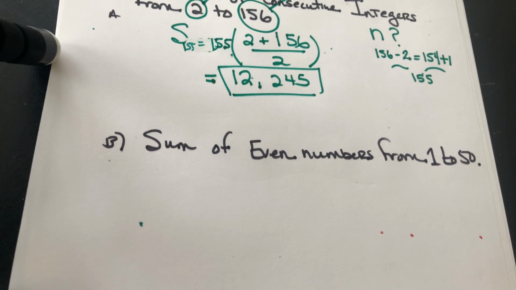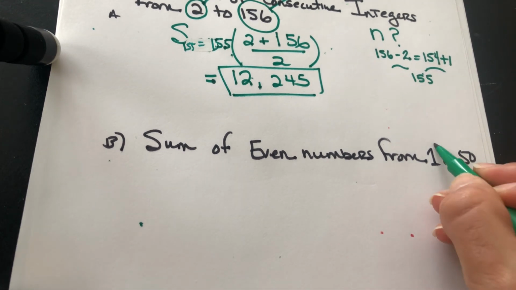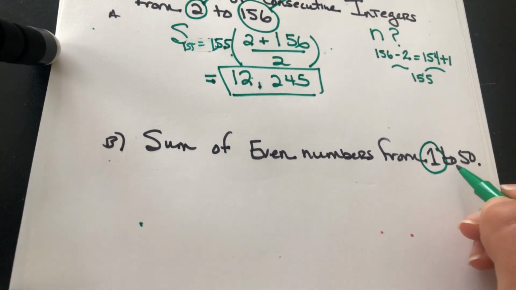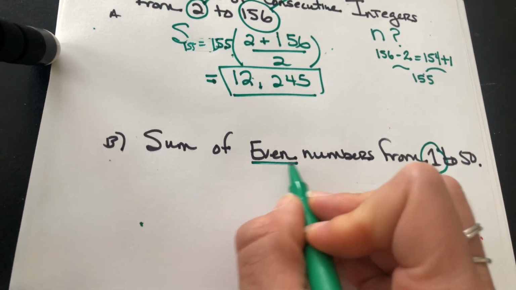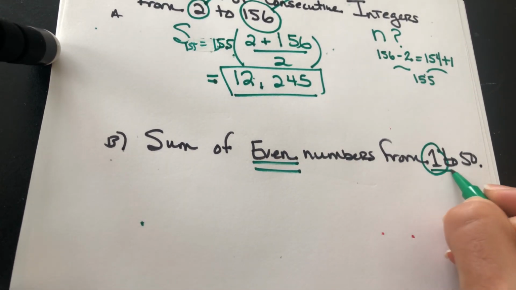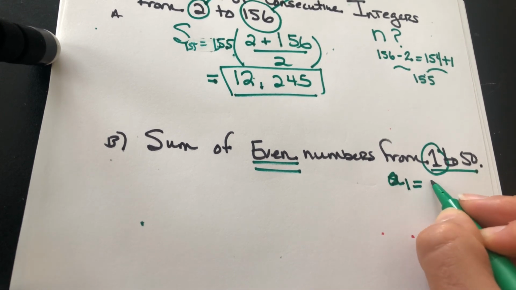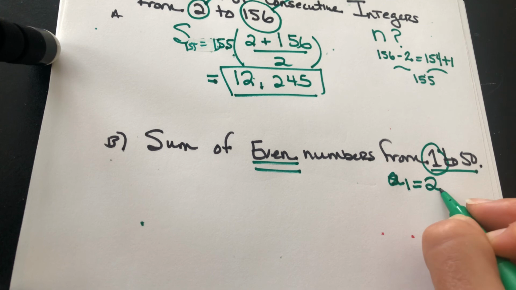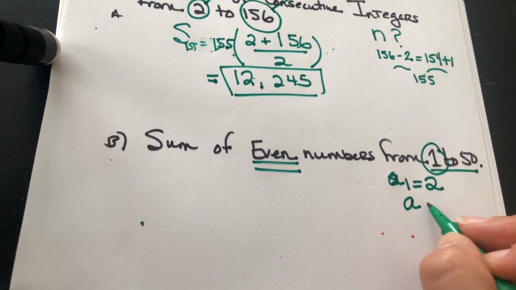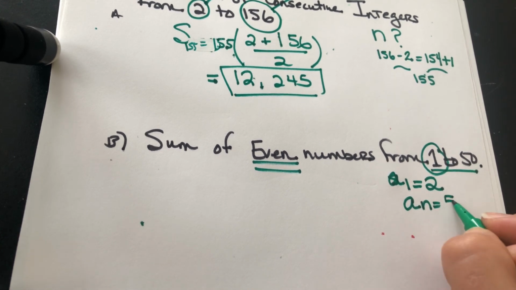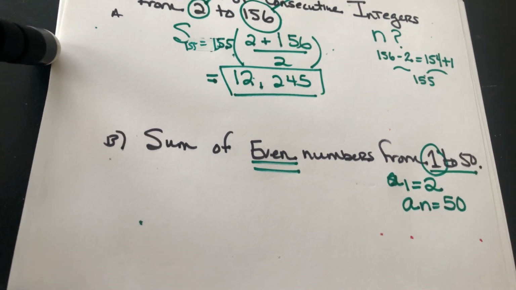Okay? So again, starting, well, am I starting at 1? If you think about this, here's my even. If I'm telling you go from 1 to 50, what's your A1? Your A1 has to be an even number. So it is 2. What is AN? What's the last number? A of N is 50 because it's your last term.